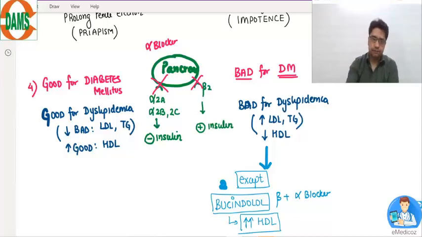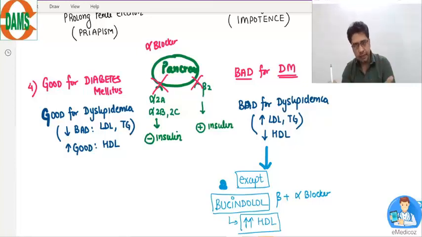alpha blocker. See, pancreas, they have both alpha receptor and beta receptor. Alpha inhibit insulin release, beta promote insulin release. If you will give alpha blocker, insulin will release more, which is a good thing in a diabetic person. So how we can remember?